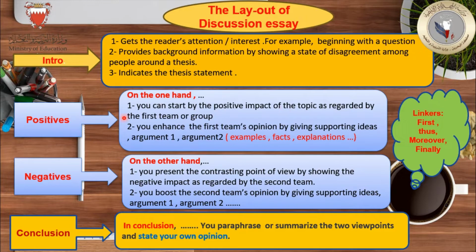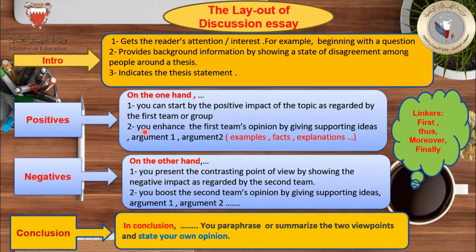We come to the second paragraph, which is positives. You have to present the good points or advantages or positive sides of the topic. You can start by, on the one hand, the positive impact of the topic as regarded by the first team or group.